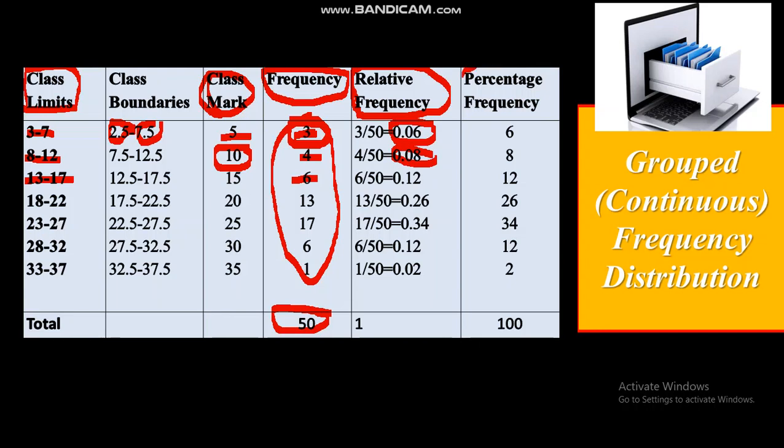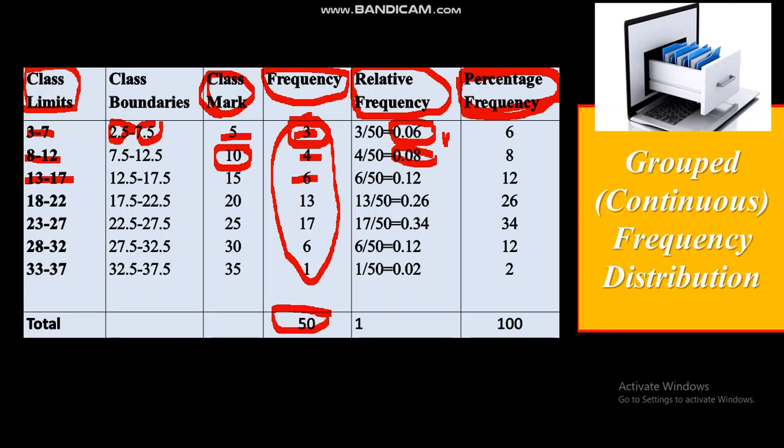And the other point in this group frequency distribution is percentage. We determined this also as an example in categorical frequency distribution. The percentage frequency is simply determined by the relative frequency times 100%.